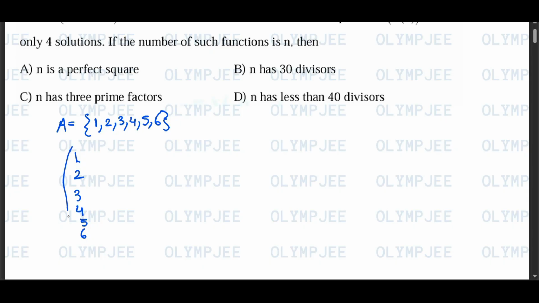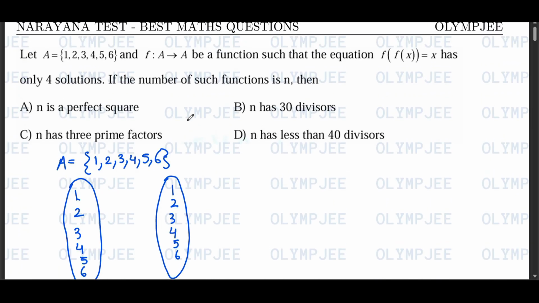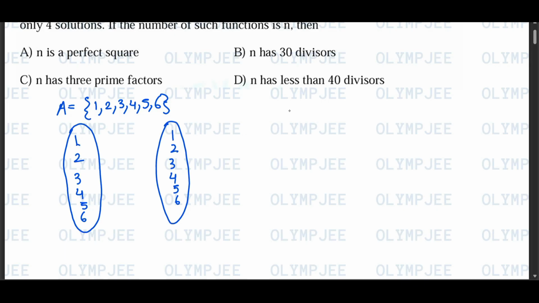So this is A and this is also A. So we have to map functions such that f of f of x is equal to x. So for f of f of x is equal to x, there are two cases when this is possible.